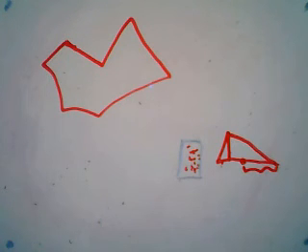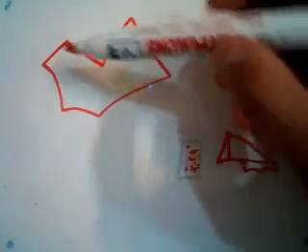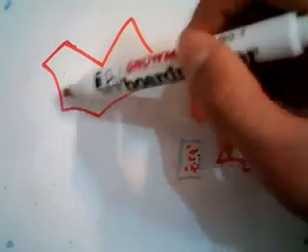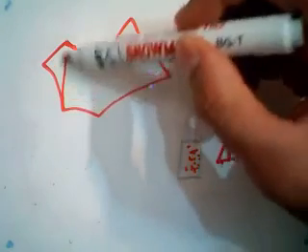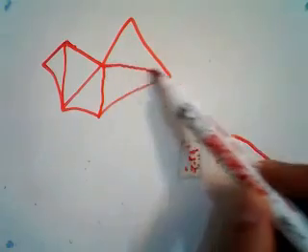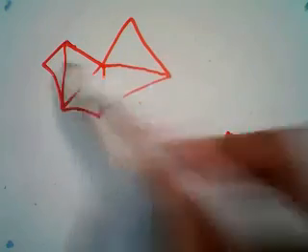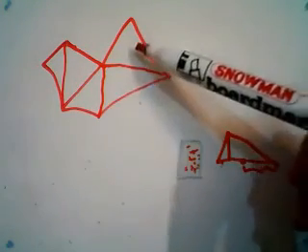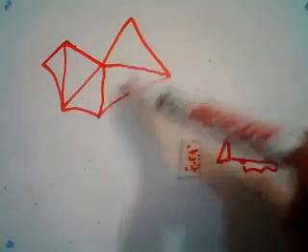So bigger land means more taxes. And in order to find the area of this land, we should divide it into triangles, like this. Here we got 1, 2, 3, 4, 5 triangles. And the area of the land is the sum of the areas of each triangle.